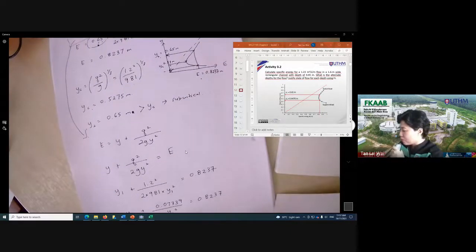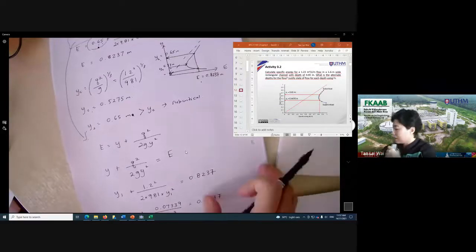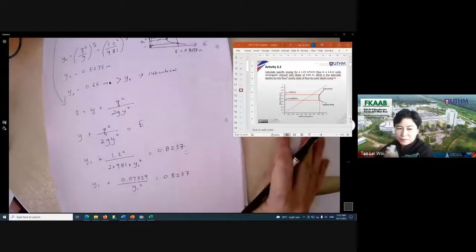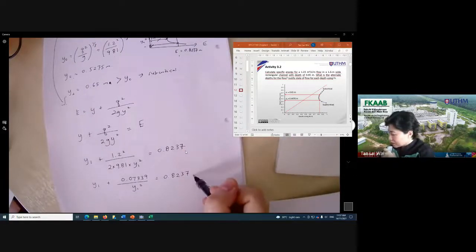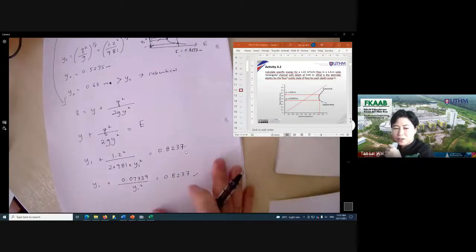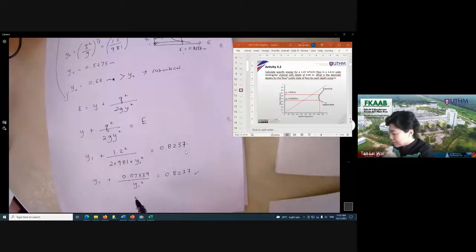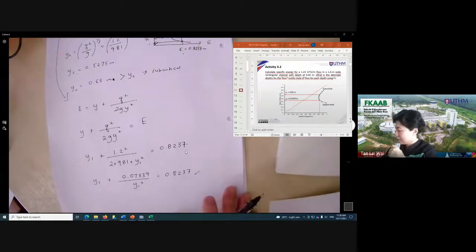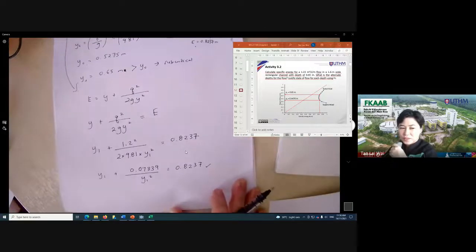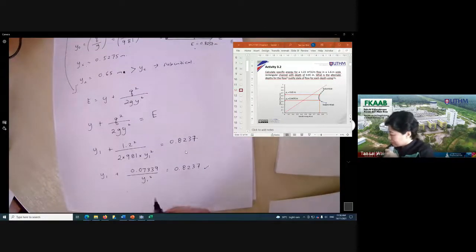Can you help me find the other alternate depth using this expression? Can all of you try? This is also trial and error. You need to use the trial and error method when you solve it using the calculator. You have to write this expression in your calculator and solve it. What would be Y1?